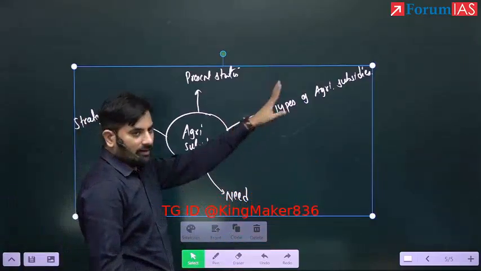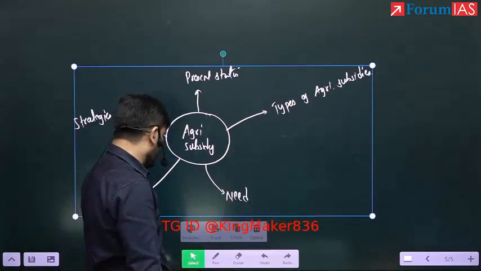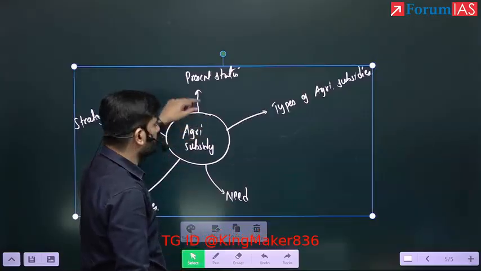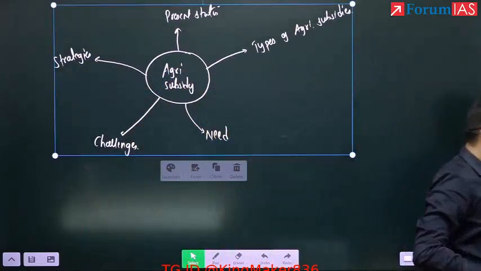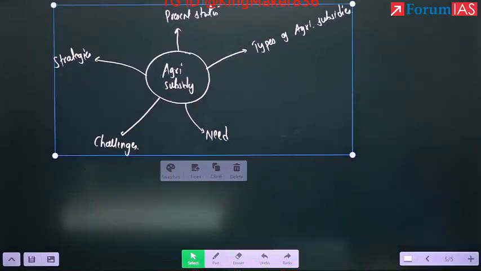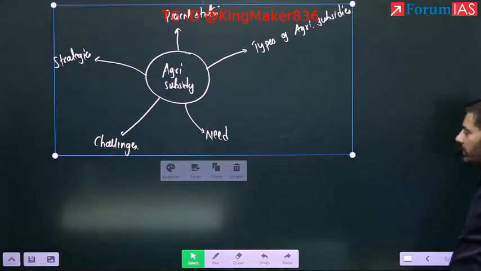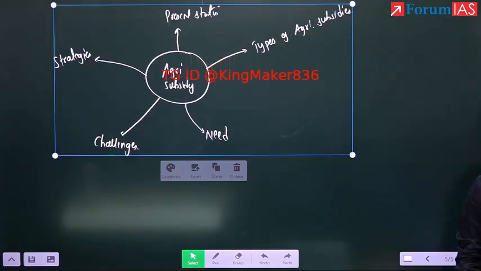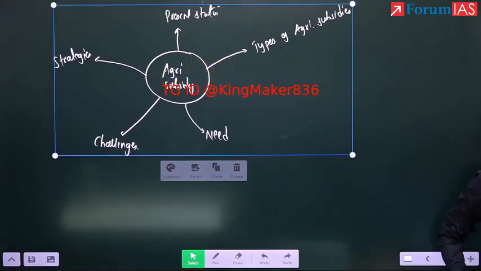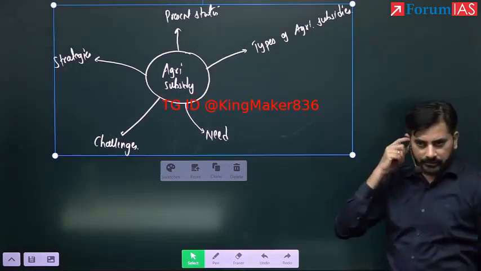Let's look at the types of subsidies, right? Types of subsidies. Agriculture subsidies can be categorized into direct and indirect subsidies. Full stop.